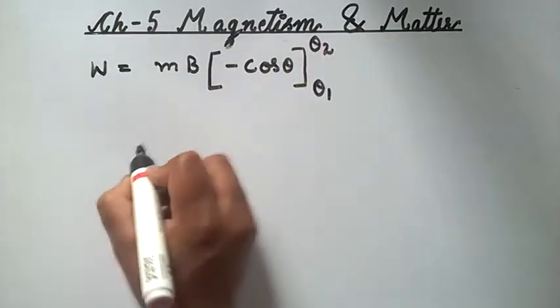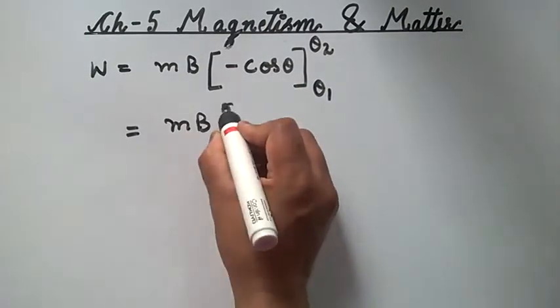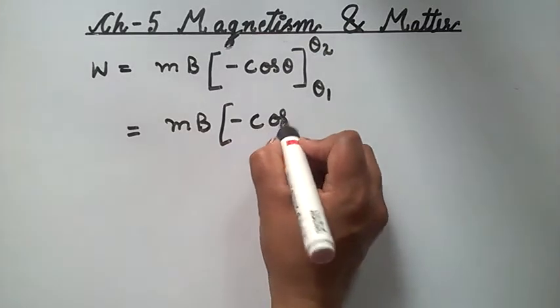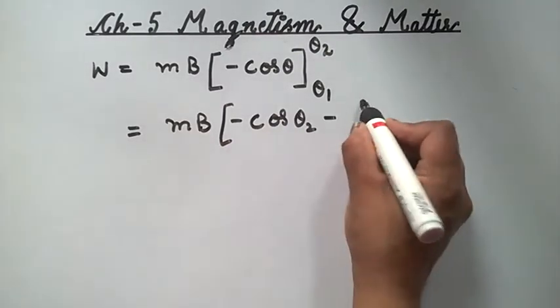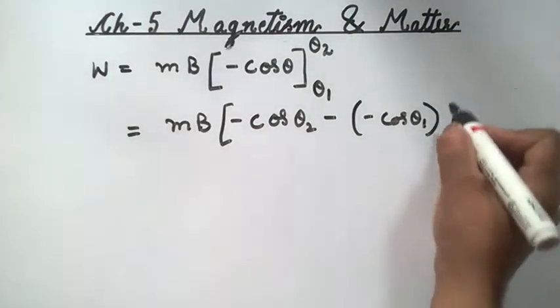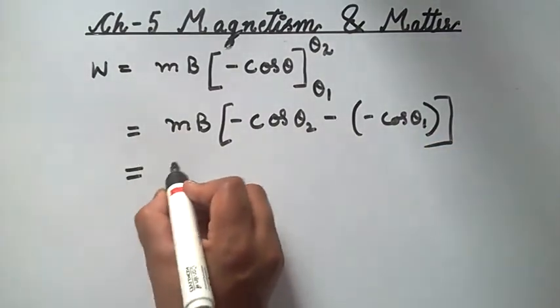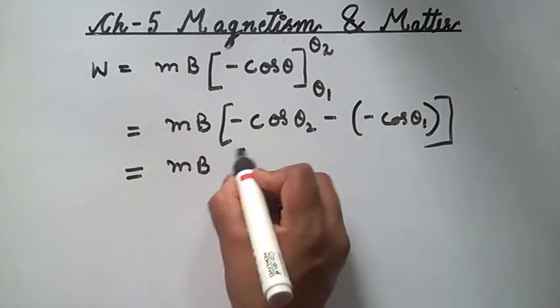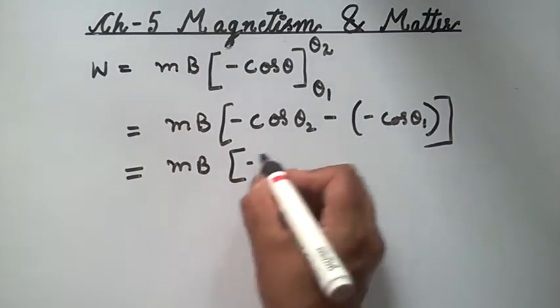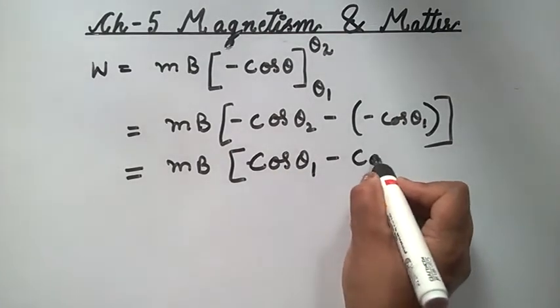So this work done is equal to mB times the integration of sine theta, which is minus cos theta, from theta 1 to theta 2, and it is equal to mB into minus cos theta 2 minus minus cos theta 1. It can also be written as mB into cos theta 1 minus cos theta 2.